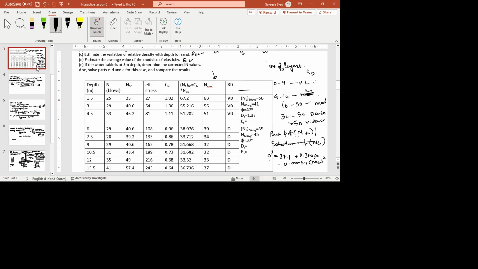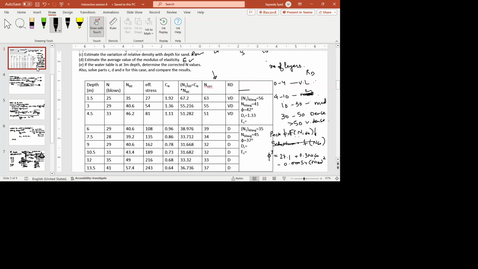Then Dr will be under root of 60 N160 over 60, under root of 56 over 60.